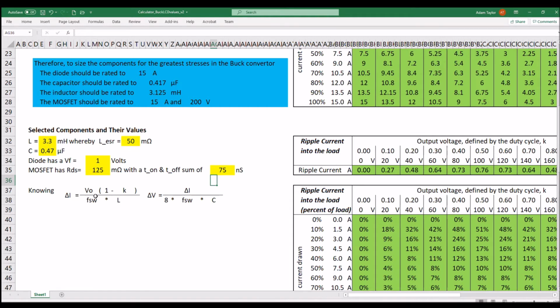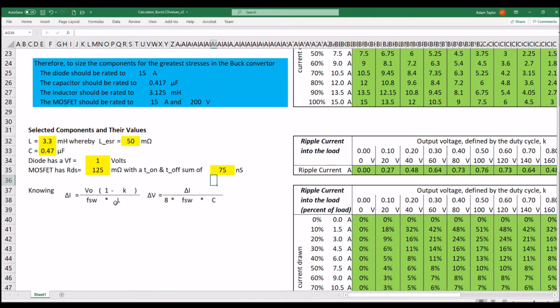So the previous equation that we used to find the value of the inductor, we can rearrange and solve for the ripple current. And the equation we used above for the value of capacitance, we can rearrange and solve for the ripple voltage.